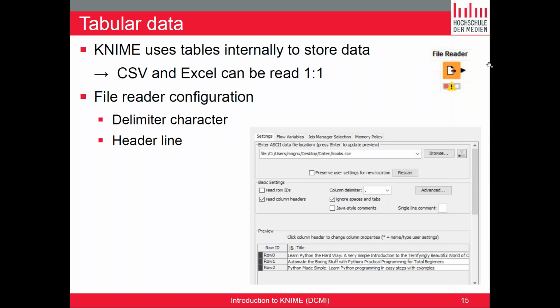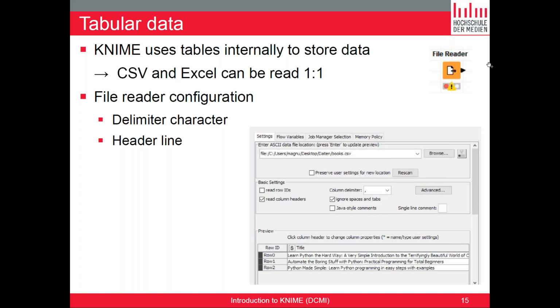First thing is we need to read data. KNIME as a software internally stores data as tables. So very similar to Excel, or if you are more used to comma-separated value data, you have columns of data and rows of data, columns describing what type of data it is, rows being the data of a single entry or document or whatever your data is structured accordingly.